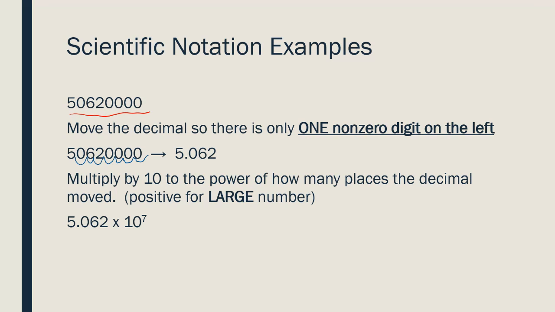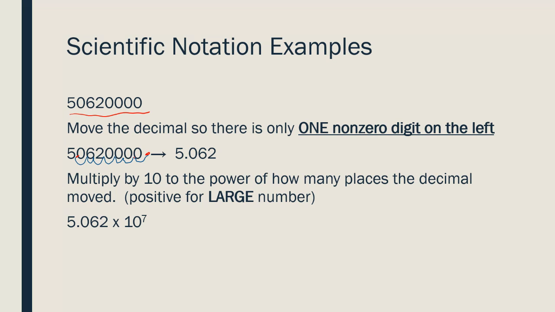So for example, here's a huge number, much greater than 1. When we want to put that in scientific notation, the first step is to move the decimal all the way until there's only one non-zero digit to the left. The decimal started here, and it's going to have to jump all these places. And then when it gets here, now there's only one non-zero digit to the left of that decimal.